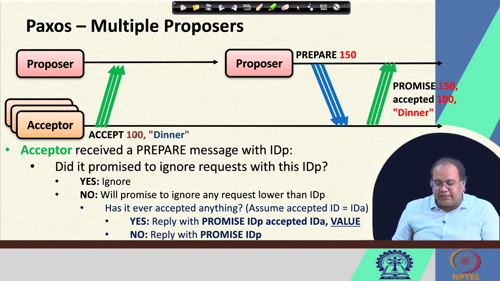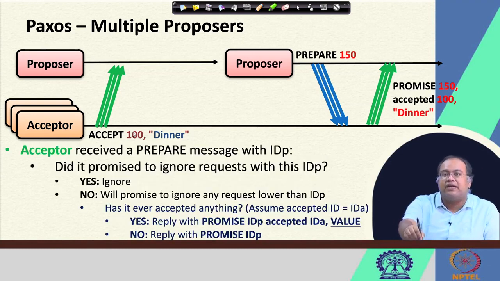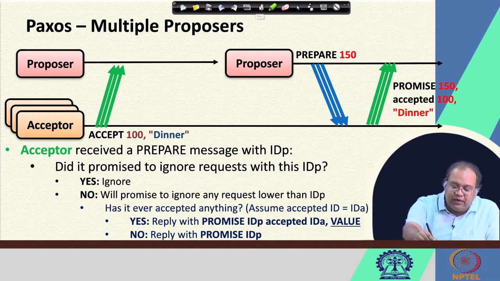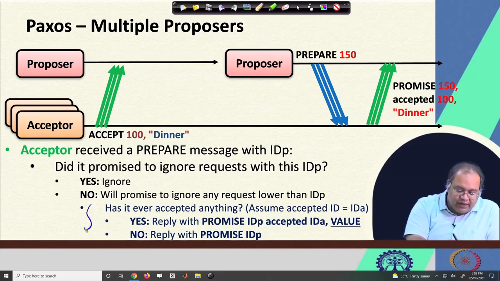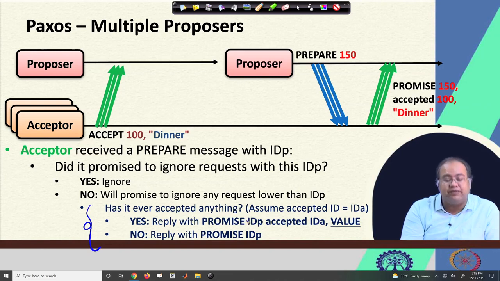Although this message gets ignored, the proposer may send another prepare message with a higher value, say 150. Now, when this proposer sends another message with the higher value 150, we add an additional check: whether the acceptor ever accepted anything.